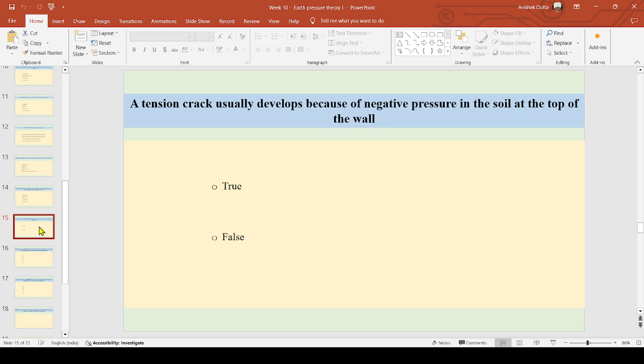Here wall means the retaining wall which supports the backfill soil. So we are talking about two things. One is the negative pressure because of which tension crack is formed, and another is the location, the soil near the top portion of the wall. If both the parts are true, then only it will be true. If any one of the part is false, the entire statement will be false.